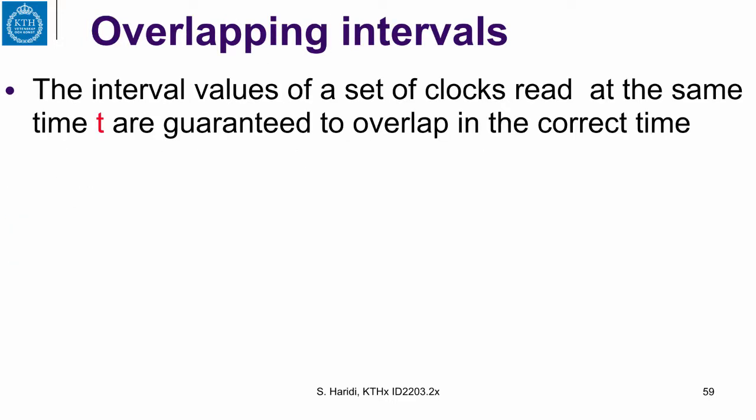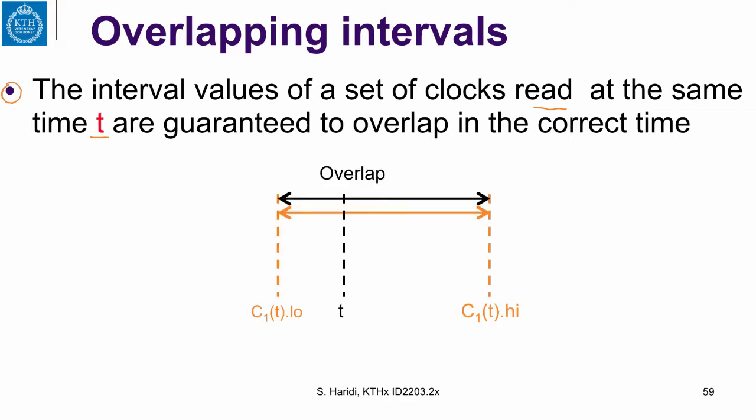So this is the way that we want. The smaller the interval, the better the algorithm. So let's look at the notion of overlapping intervals. If we have a set of clocks, each clock might be on one processor. The interval values of a set of clocks read at the same time are guaranteed to overlap in the correct time. So here we have the first clock.